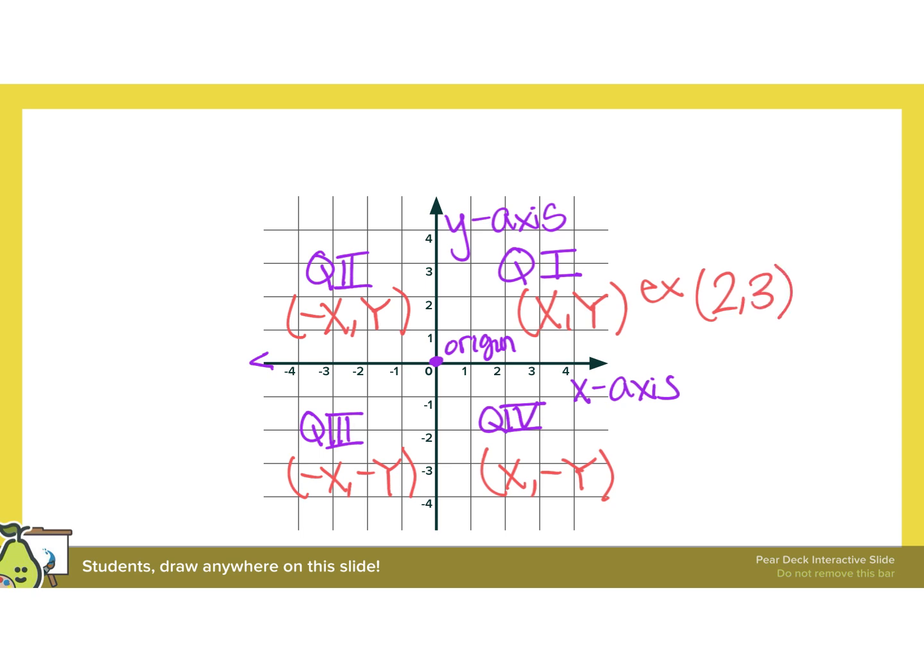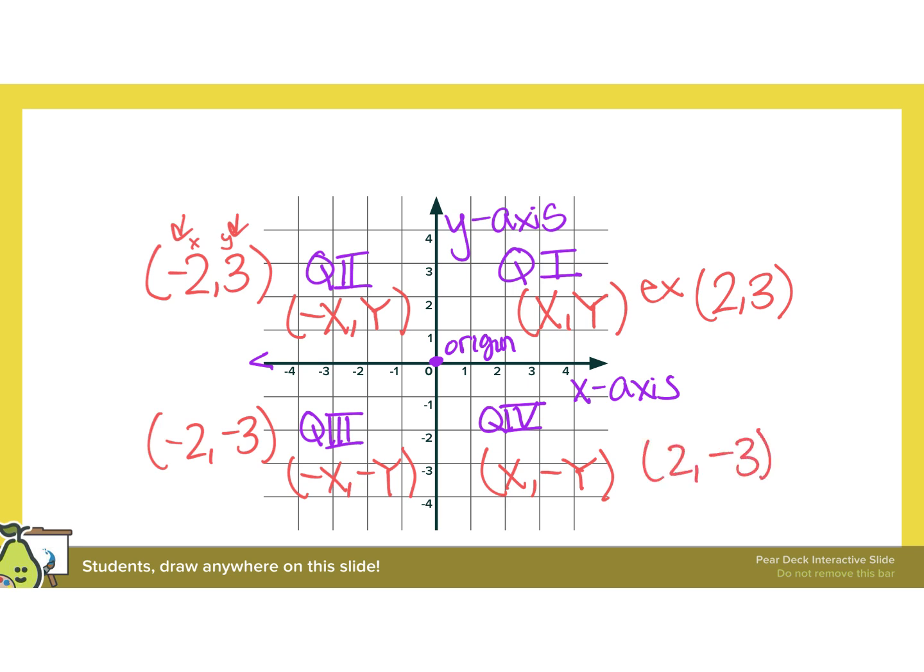But the point negative 2, 3 has a negative x and a positive y, so it's in quadrant 2. Quadrant 3, both my x and my y would need to be negative, so this point would be in quadrant 3. And then quadrant 4, the x is positive, but the y is negative. So these were the examples.